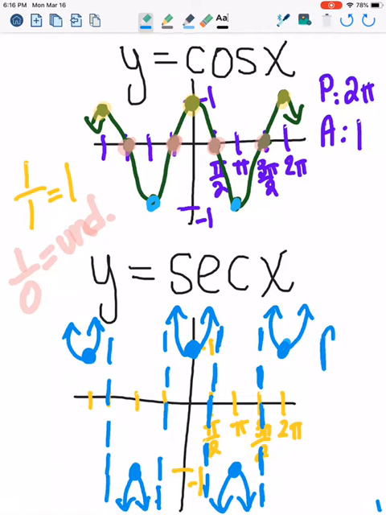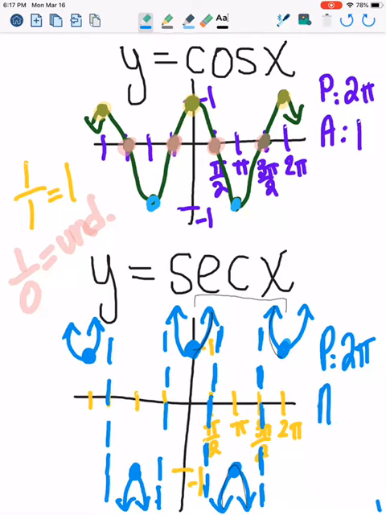Now, let's discuss period. It is still going to be 2 pi because, this is a little bit harder to tell, but it still takes 4 tick marks for it to repeat itself. This one is half of it pointing up, a full one pointing down, and then half of it going down, and then it's going to repeat itself. Okay, so it's still 2 pi.